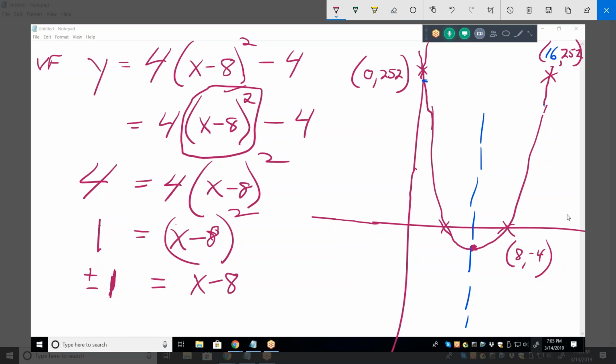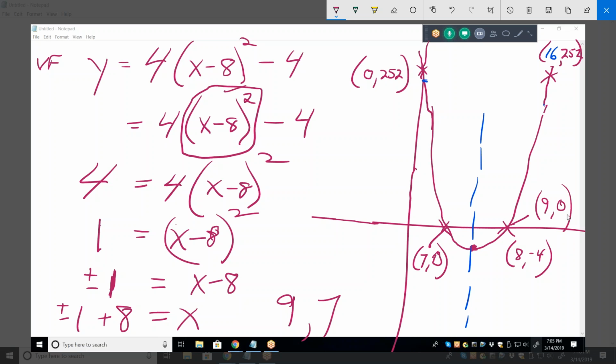Okay, so I've got plus or minus 1 plus 8. That's what x equals. Now, that's two different answers. It's plus 1 plus 8, which is what? 9. And it's minus 1 plus 8, which is what? 7. Those are your two answers. So this coordinate right there is 7, 0. And this coordinate right there is 9, 0.